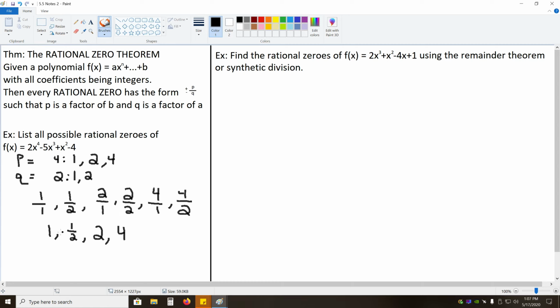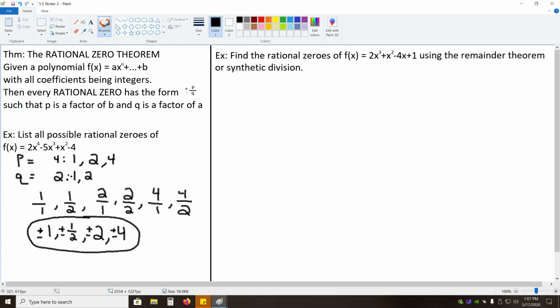And every one of these values can be positive or negative. So we'll put a plus or minus with every single one. And these 8 values are the only values that we would need to check to see if they factor the original polynomial we started with.